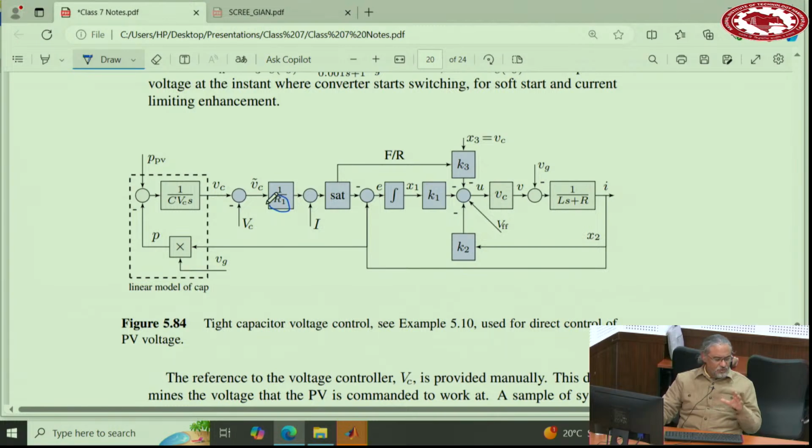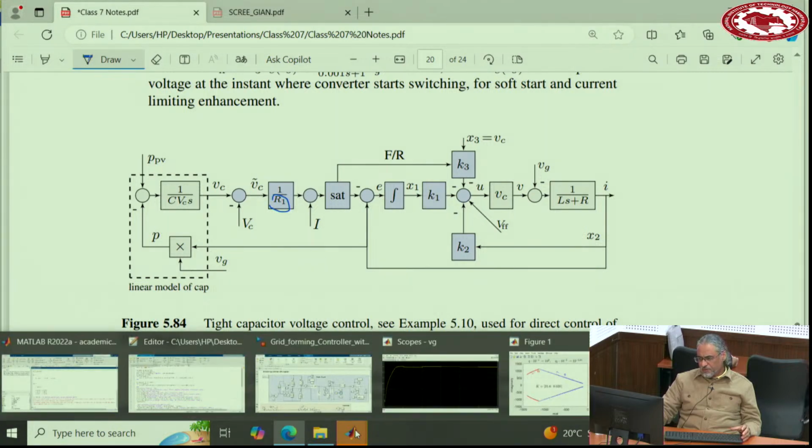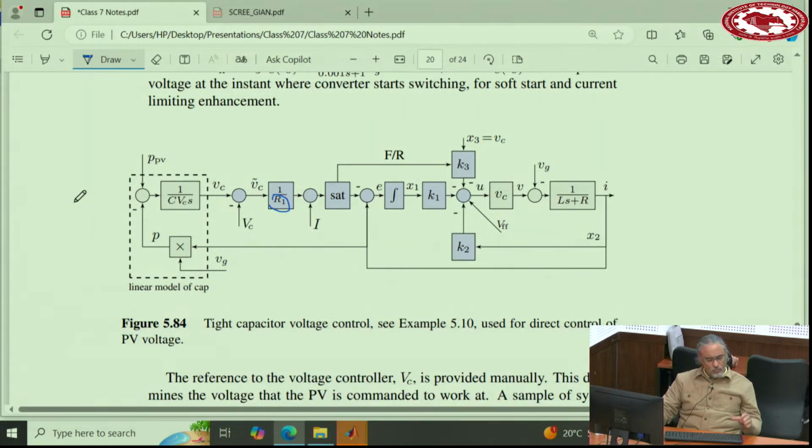So you see, you always have choices to make, and it's up to you to make those choices: whether you want to tightly control the voltage, or allow the voltage to vary and provide support, and so on. Even dynamic support, static support, things like that.